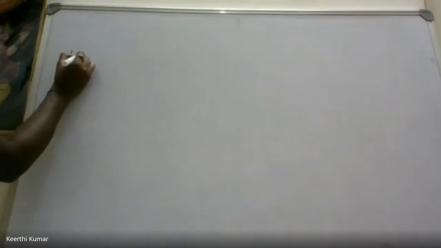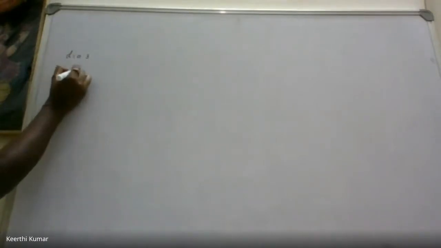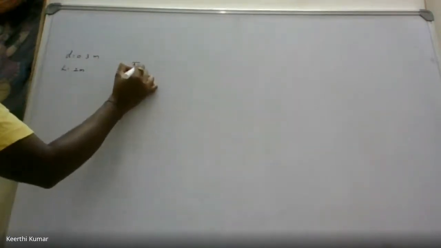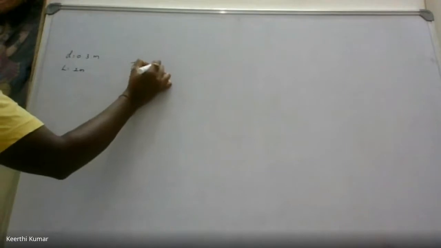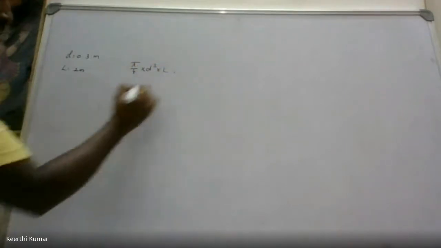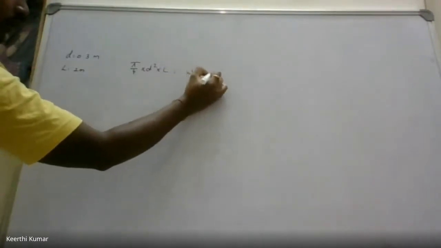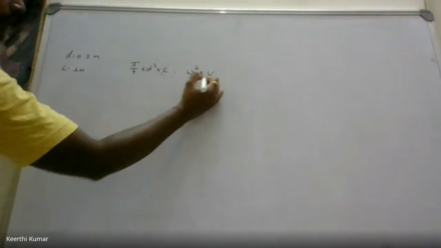So what is the diameter of the material given? The diameter of the material is 0.3. Length was 2 meter. So convert this: pi by 4 into D square into L will be equal to W, width square into L. L and L cancel. D square is 0.3 square, which will be equal to width square.